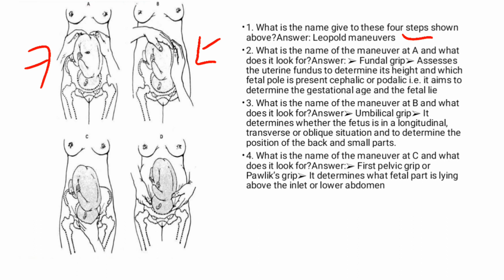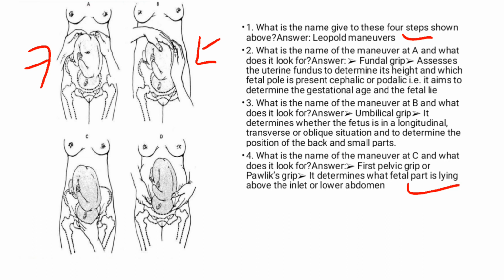So this is the first pelvic grip, or they will just say Pawlik grip. Then it determines what fetal part is lying above the inlet or the lower abdomen. So that's what it determines.